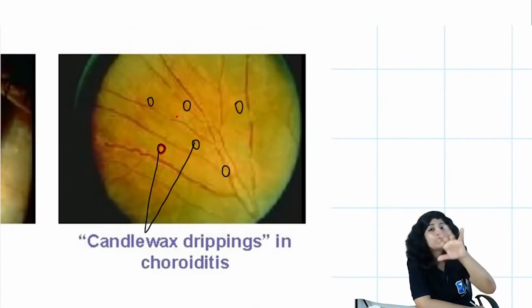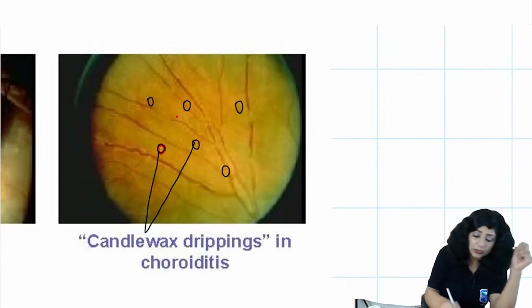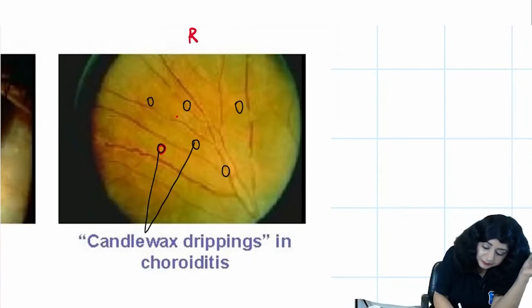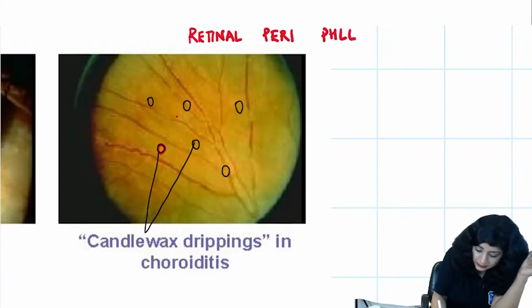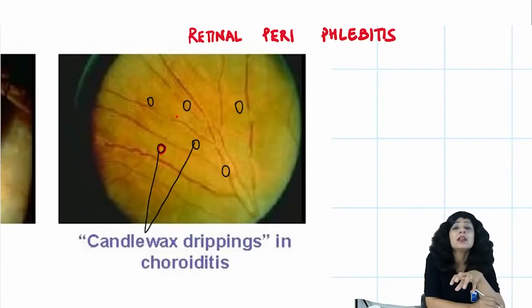So we have inflammation in the peripheral veins of the retina. So if you are having what you call retinal periphlebitis, which is leading to the dropping of the exudates in the cavity.